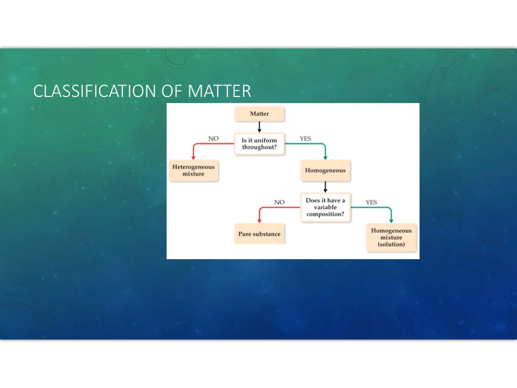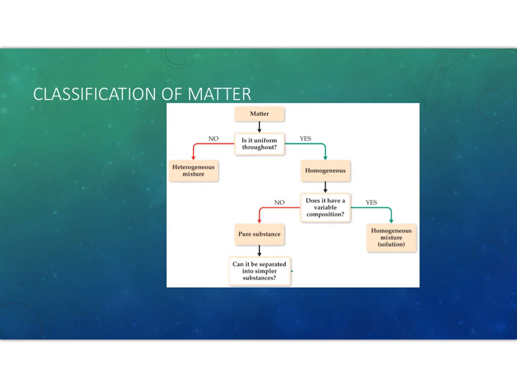So off of this no arrow, you have pure substance. There are several types of pure substances. We have to differentiate between them. The last question I want you to ask is, can it be separated into simpler substances?